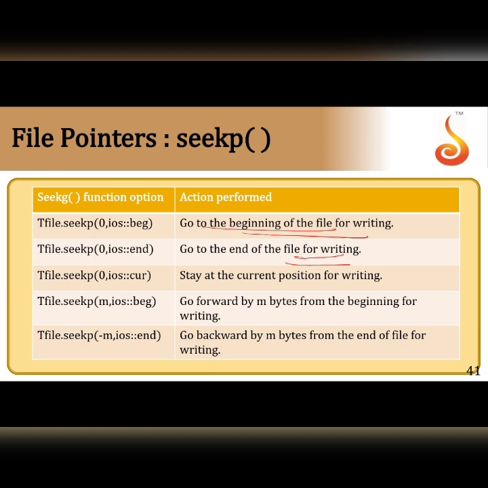And this one stays at the current position for writing, then go forward m bytes from the beginning of the file. So if you give 0, it will be in the beginning. If I say 10 bytes, it will skip 10 bytes from the beginning, and from the 11th it will start writing. Then minus, because it is backwards: to go backwards m bytes from the end of file, you need to give minus.